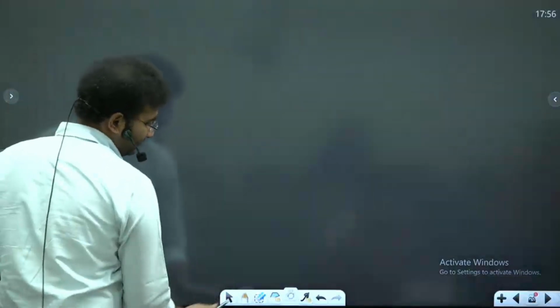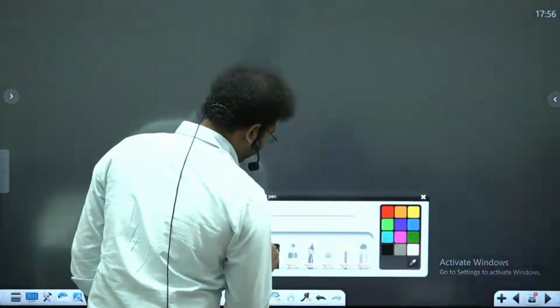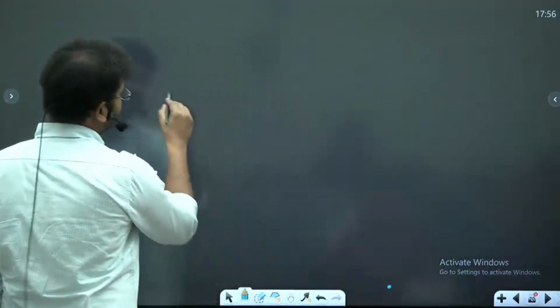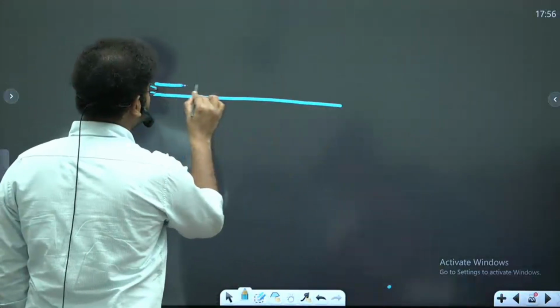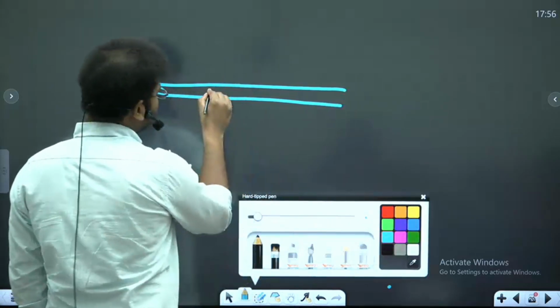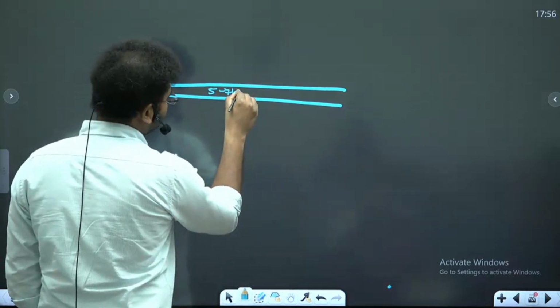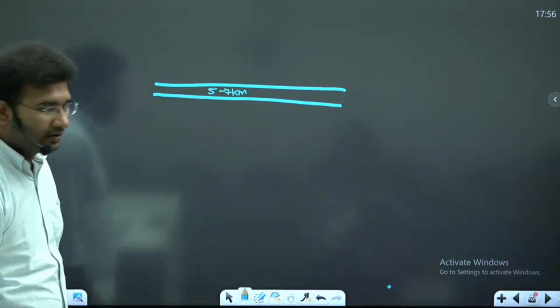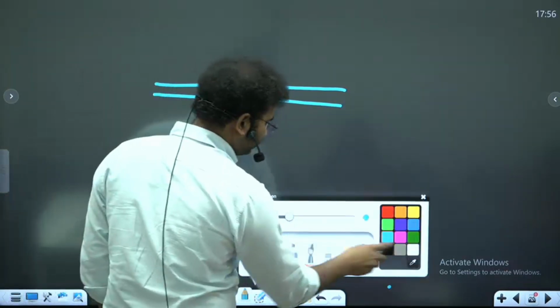Let's see. What is the thickness of the oceanic plate? Thickness of the oceanic crust. What is the thickness of the continent?